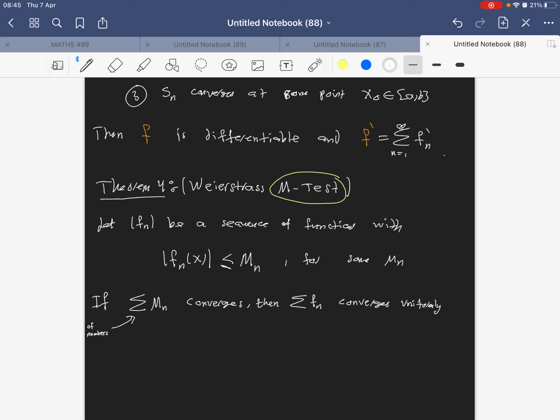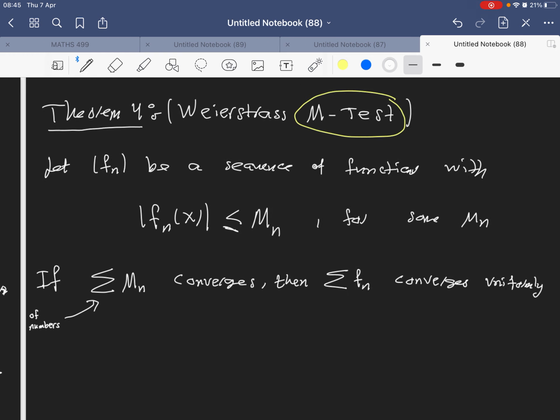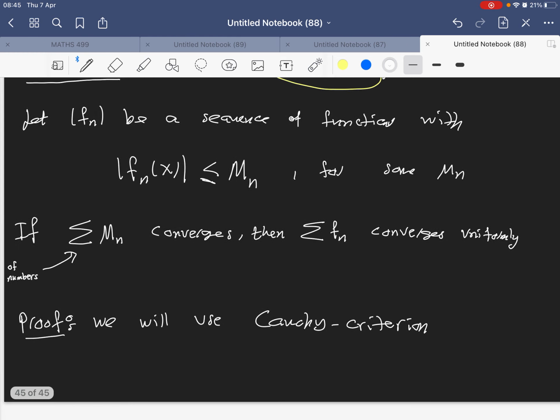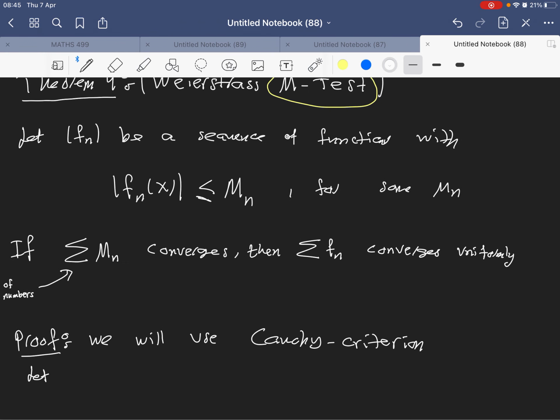How will we show this? Of course, the idea is how do I show that something converges uniformly. We will use the Cauchy criterion. Now, what is the Cauchy criterion? We say let epsilon greater than 0 be given.